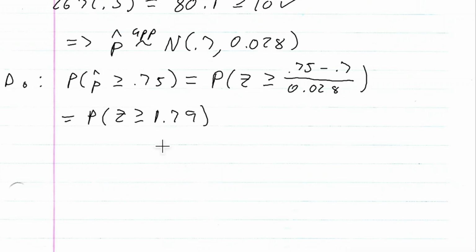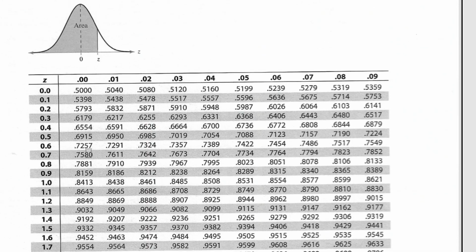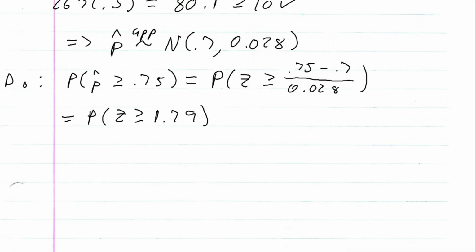Going to our z table, notice we want the area that's less than or equal to z. So we need to rewrite this as 1 minus the probability of z less than 1.79.